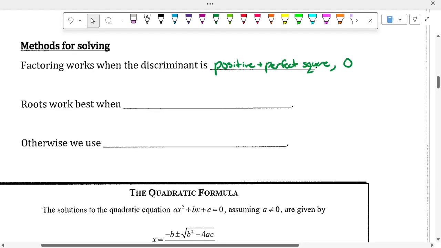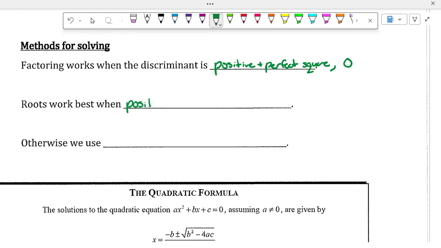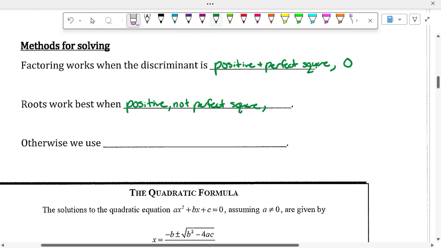Now, taking a root works best when you have a positive discriminant that's not a perfect square. Actually, no, that's a lie. You can do it when it's 0, and that's about it.